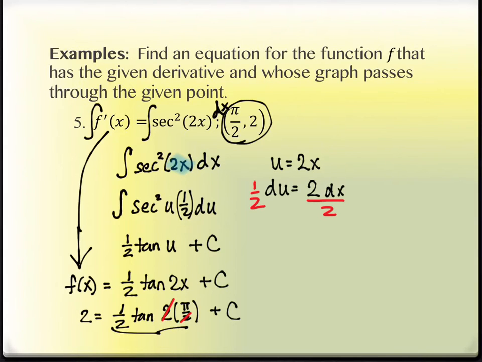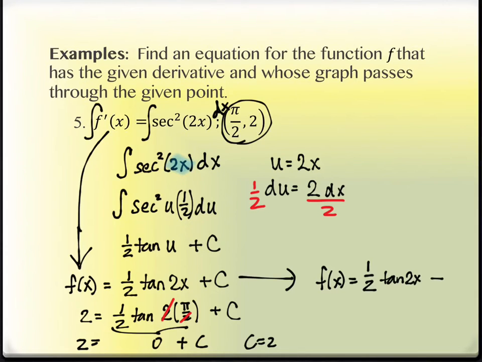So this whole thing is 0, which means my constant is 2. So c is 2. So the solution that I'm looking for is that f of x is equal to 1/2 tangent of 2x plus 2. It is a specific antiderivative because I found c.